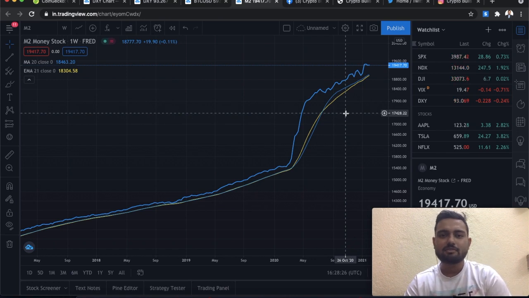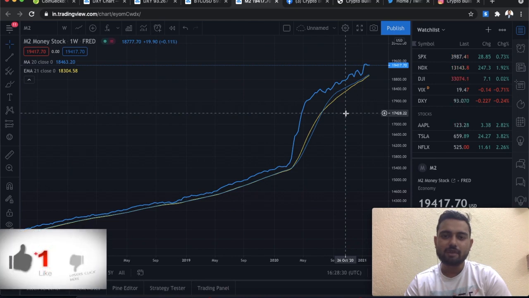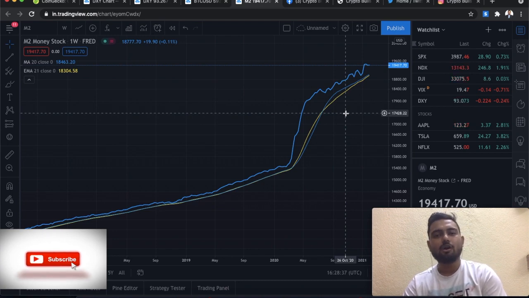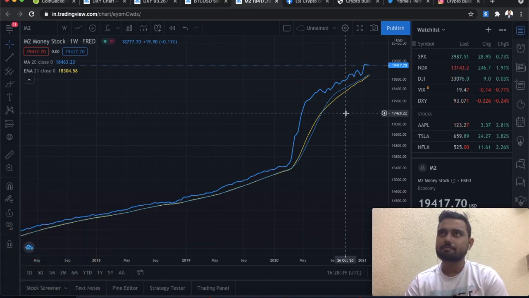That means the value of Bitcoin would increase, whereas the value of your dollar would come down over a period of time. That is why I recommend to all my friends and family that if you have some savings, you can buy in crypto.